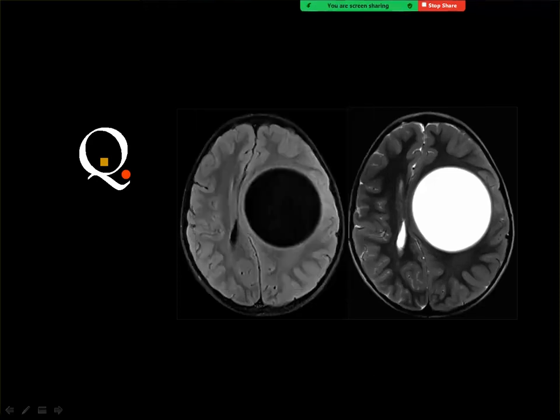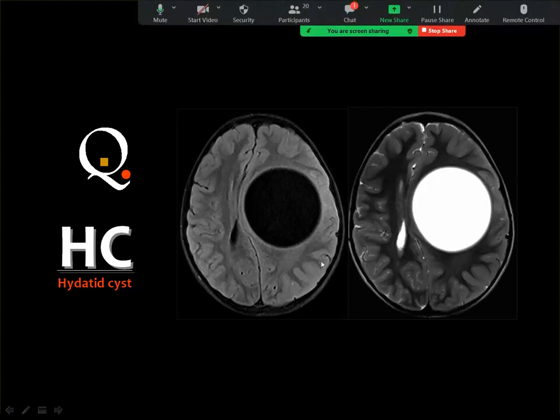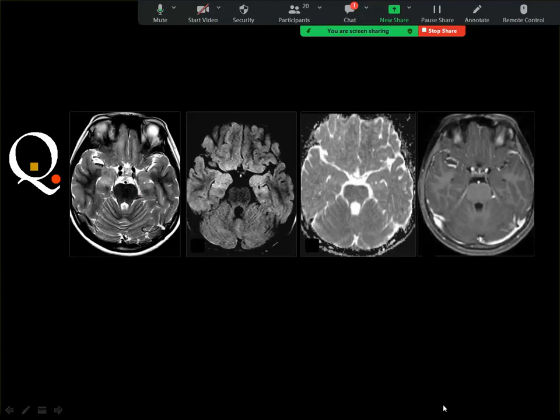Yes, this is a classic appearance of hydatid cyst in the brain, very smooth outline, fluid signal in all sequences, and no enhancement, no surrounding perifocal edema. Next case.